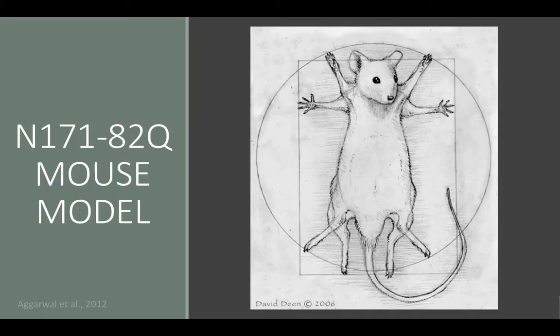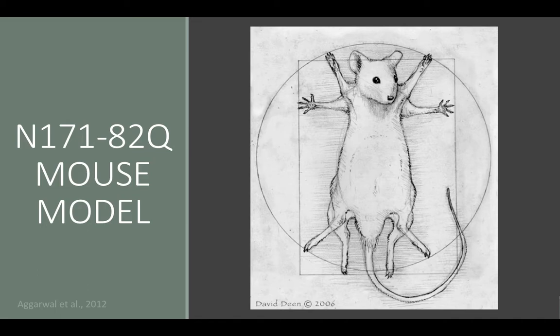So we weren't looking at human brains, we were looking at mouse brains. And Huntington's disease is a purely human disease. There is no mouse Huntington's disease. So why can we use this mouse model? Well, mice are genetically similar to humans, making inferences possible.